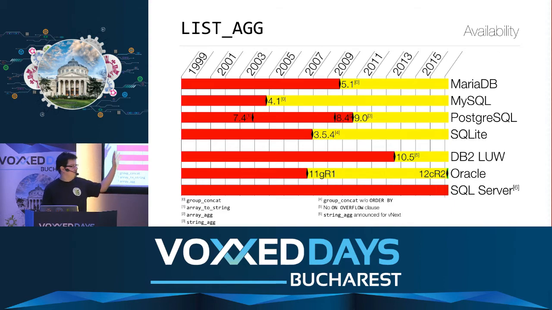And you see pretty much everything is yellow here because it means it has something that is easily to use, like group concat in MySQL, or string_agg in Postgres. SQL Server is the only one still red, but on the next release, they will have string_agg in the vNext. So pretty much everyone has it to some extent, but now we have a standard way to do it. And the standard way to do it is LISTAGG. That's the way it is.